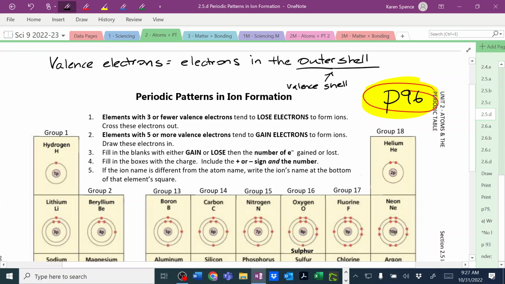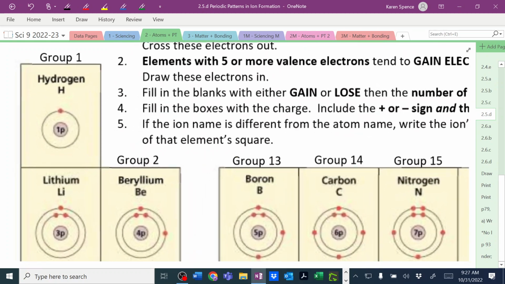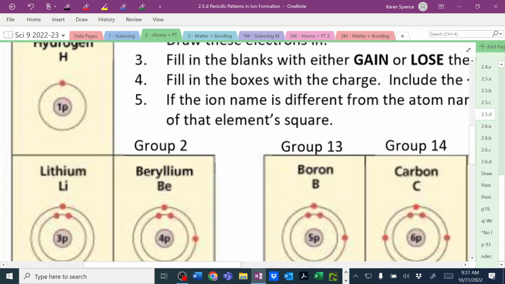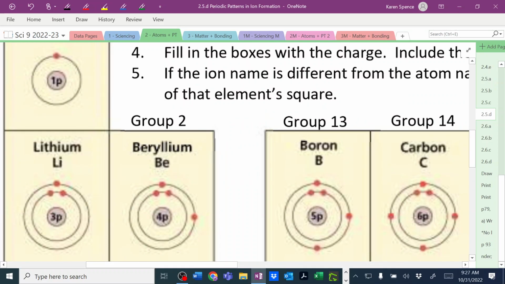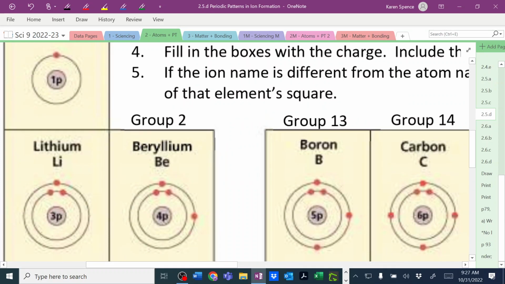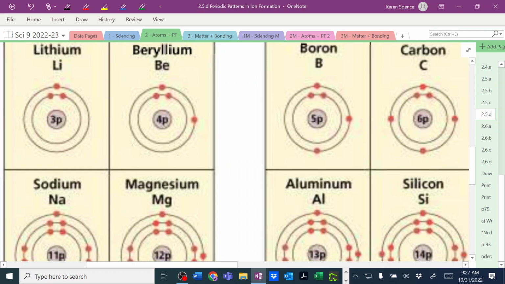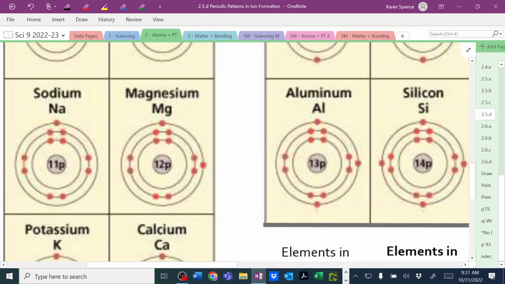Let's take a look at group number 1. I want you to take a look at all of the atoms in group number 1. Take a look at their valence shell. What do they all have in common?